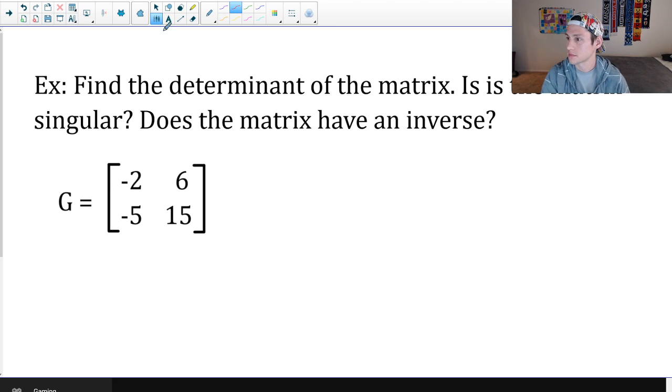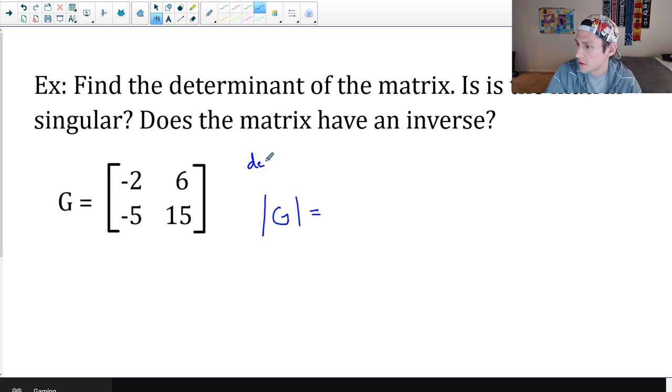All right, same thing. So let's find the determinant of G. I'll use the other notation here, which is the same thing as saying determinant of G. Either way, or we can use these absolute value bars.